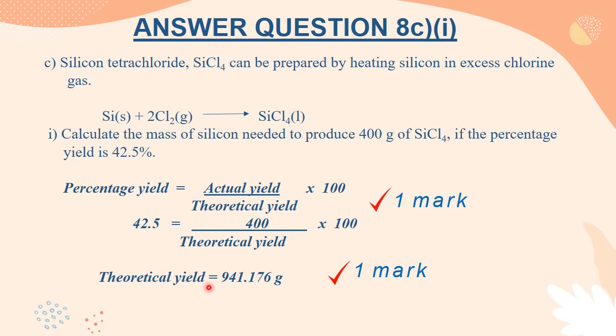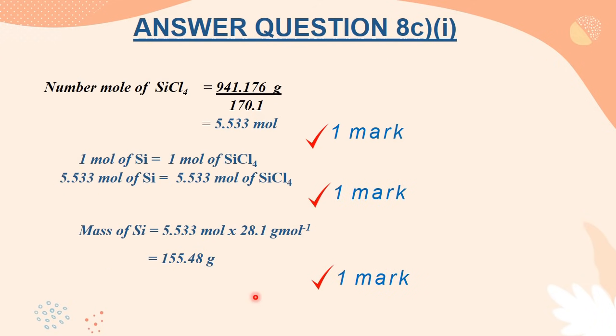So theoretical yield equal to 941.176 gram. Okay, so daripada theoretical yield ni, kita kena cari mole. Okay, so using theoretical yield, so kita akan dapatkan number of mole of silicon tetrachloride produced. Okay, kita cari mole dia dahulu.